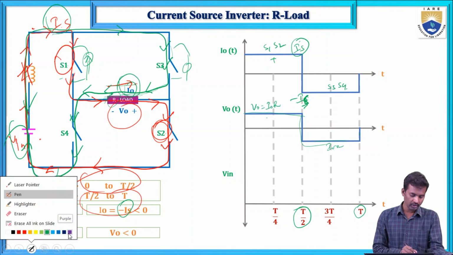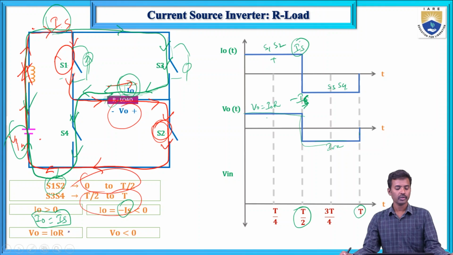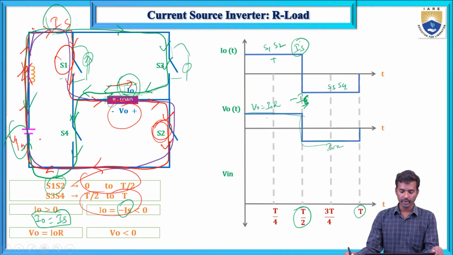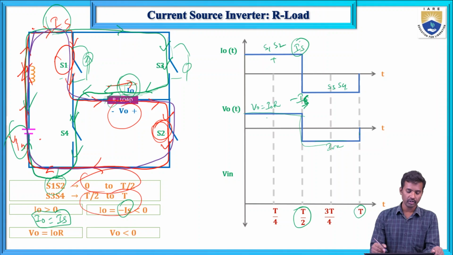Applying KVL in this loop, we get minus Vin plus V naught equals 0. So V naught equals Vin.